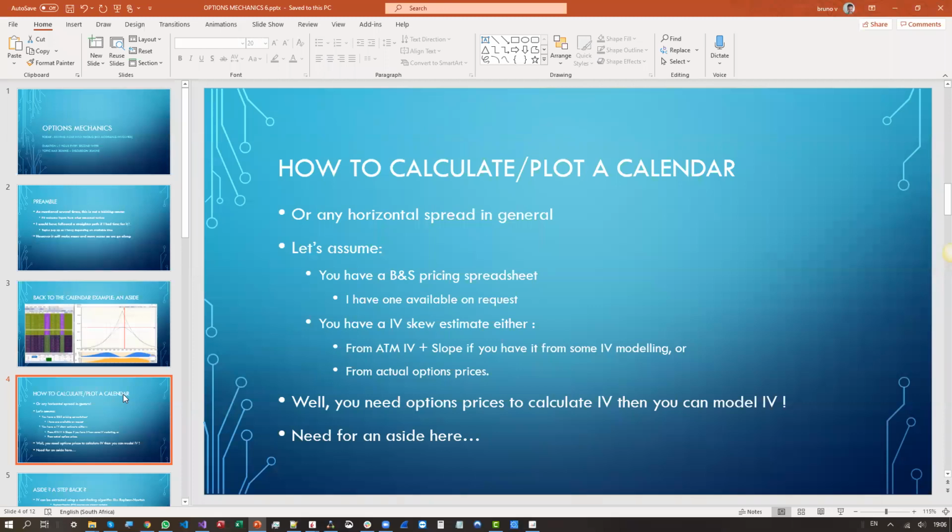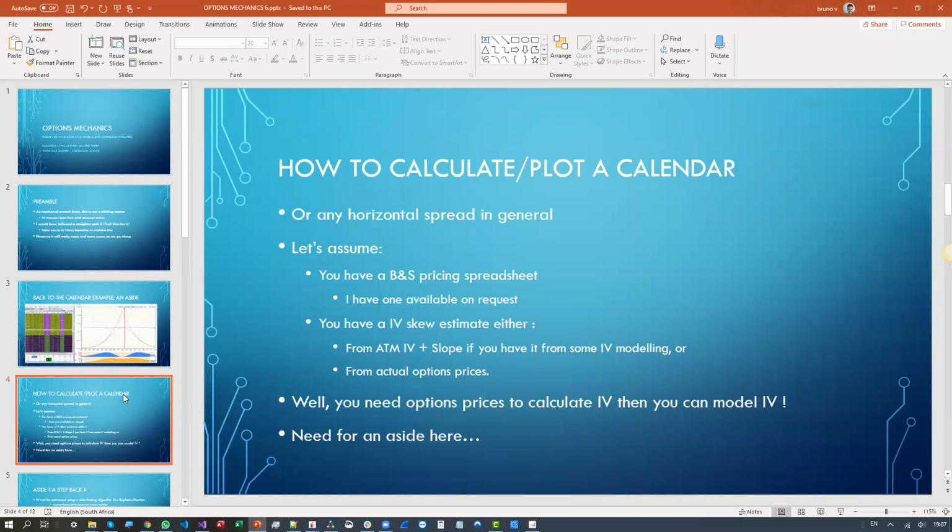Black and Scholes is what we call a closed equation: if you have IV, you can get the price, and if you have price, you can extract IV. To make matters simpler, generally, in particular when you trade OTM, we assume your IV skew will be fairly straight, so we can approximate it as an ATM IV, the IV at the money, and a slope.